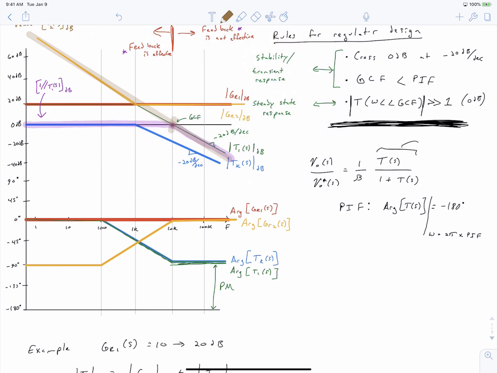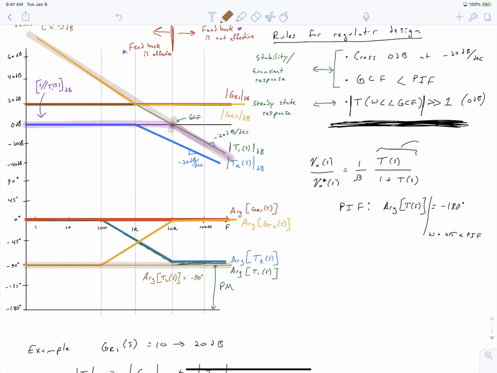And we can now plot the phase angle of our loop gain for our new transfer function by adding the orange and the blue lines, because we're multiplying GR2 times Tk. So if we do this, we start out at negative 90, and we stay at negative 90 because we're adding the blue and the orange right now, all the way out to infinity. So we stay at negative 90 the entire time.